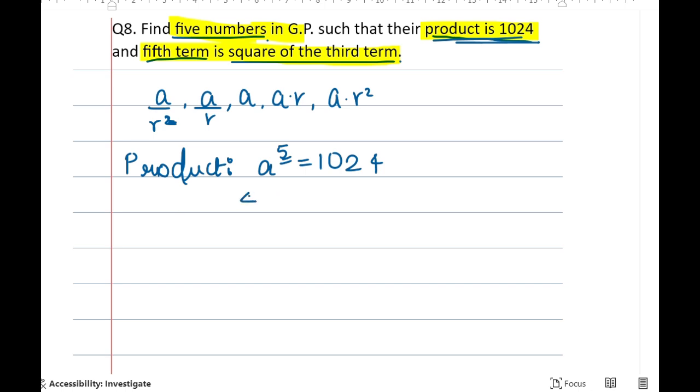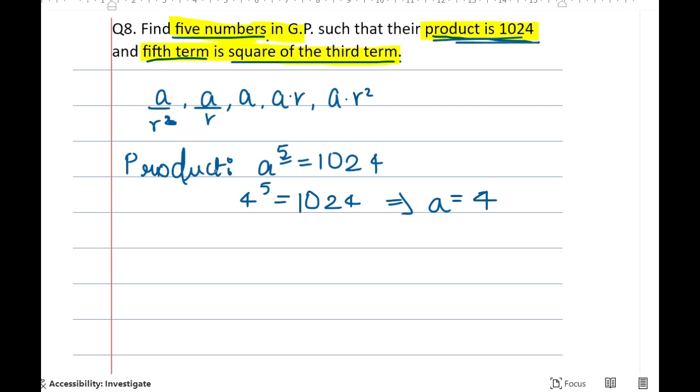So you can write 4 to the power 5. If you want, you can confirm with your calculator: put 4 and take its power to be 5, you'll get 1024. So 4 to the power 5 is equal to 1024. Hence, A is equal to 4.